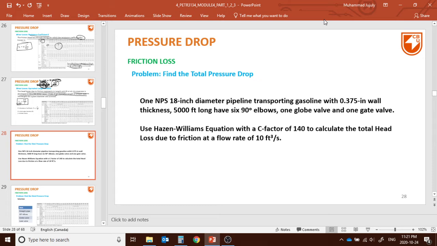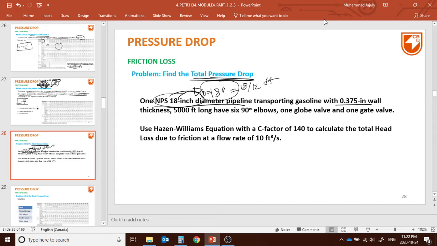The problem is to find the total pressure drop. What is the problem definition? A 18-inch diameter pipeline, that means the pipeline diameter D is 18 inches, or 18 by 12 feet. And the wall thickness is this.